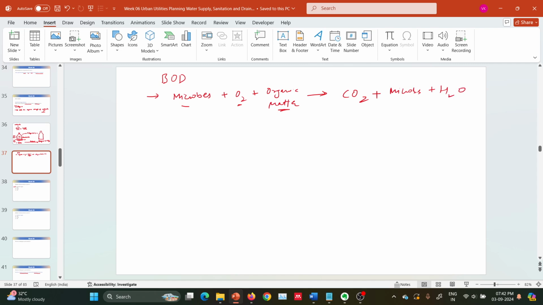So if there is more organic matter, more oxygen will be required to oxidize it. Just consider it simply: more organic matter requires more oxygen. Simply we can say it has more biochemical oxygen demand. That's it. I hope you understood it now.